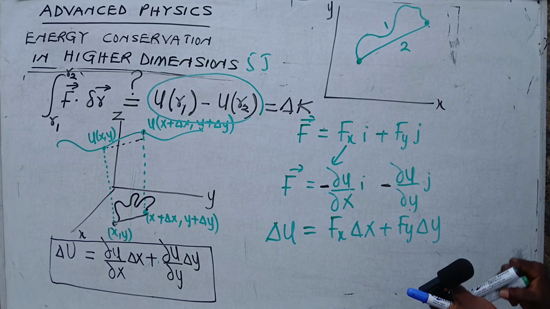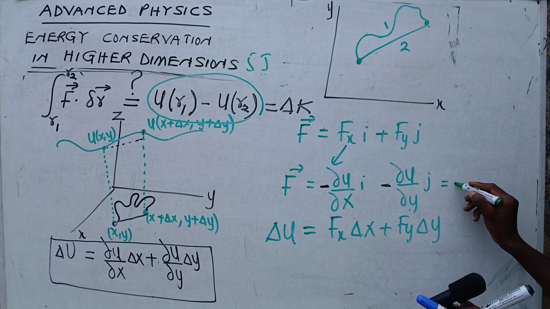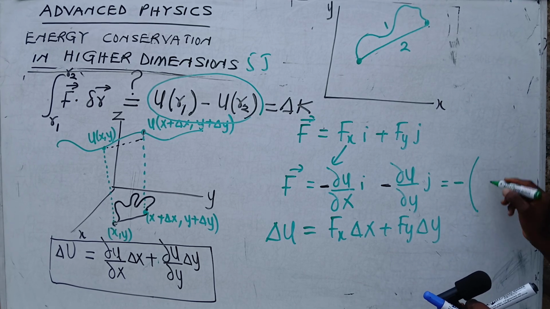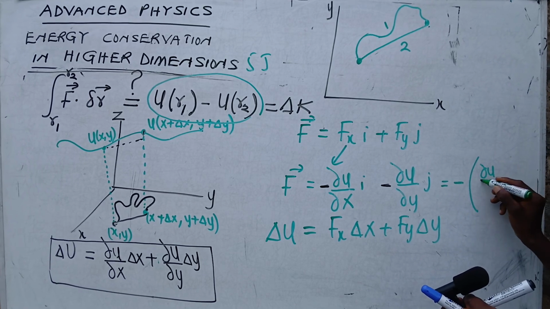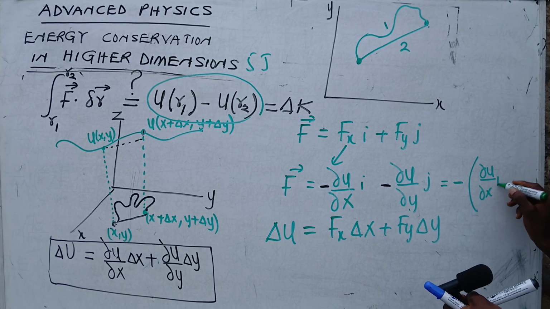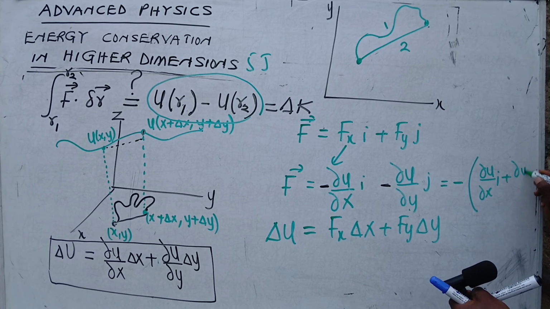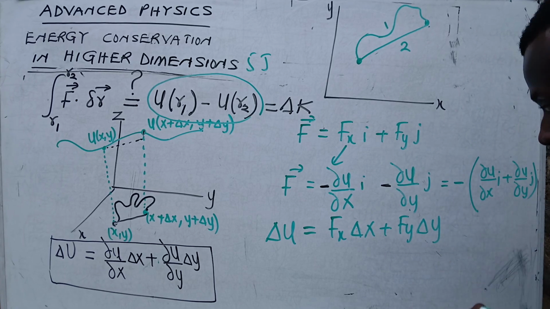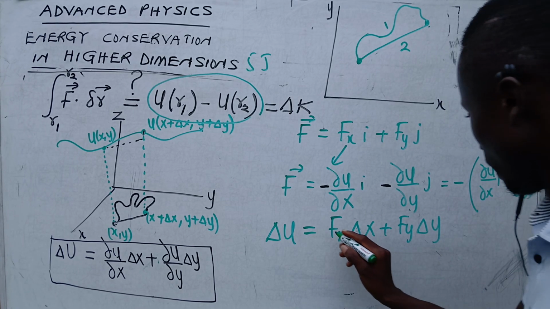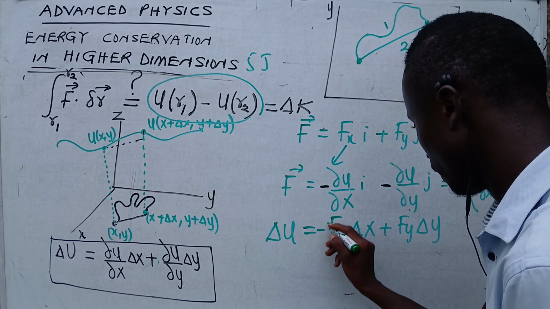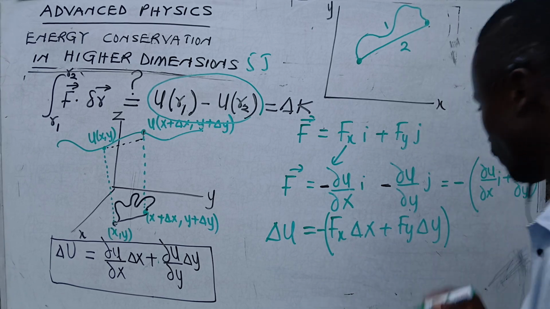So eventually the force vector is equal to negative, in brackets, partial derivative of U with respect to x, i, plus partial derivative of U with respect to y, j. So this negative is important. So we introduce a negative here, and we put this in brackets.